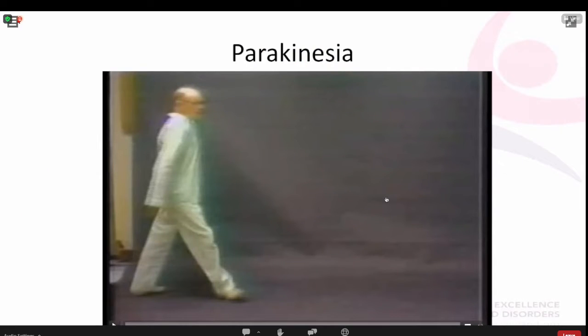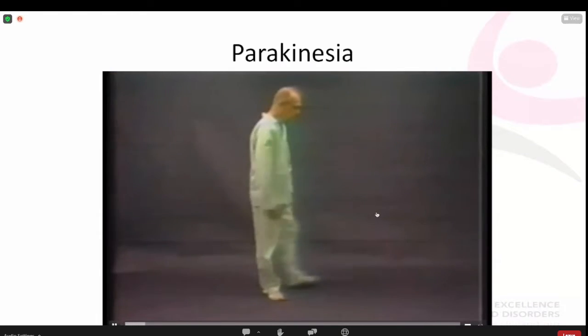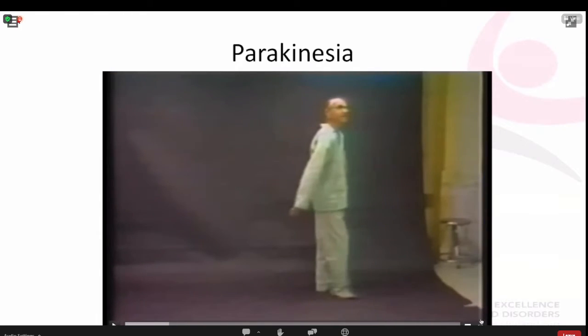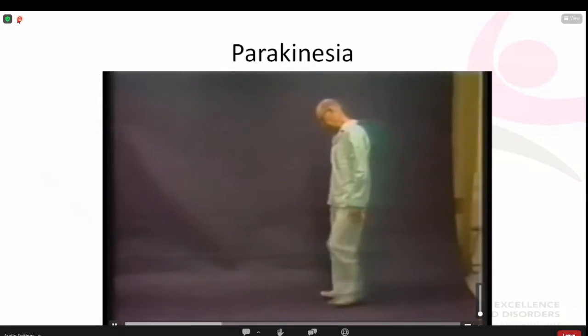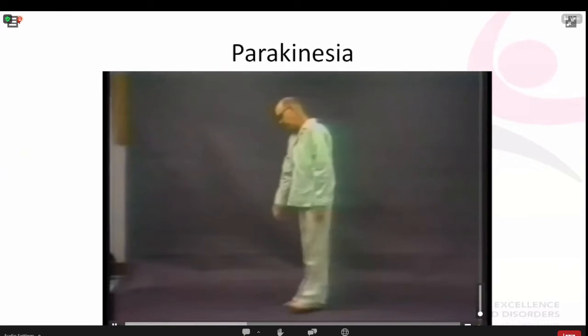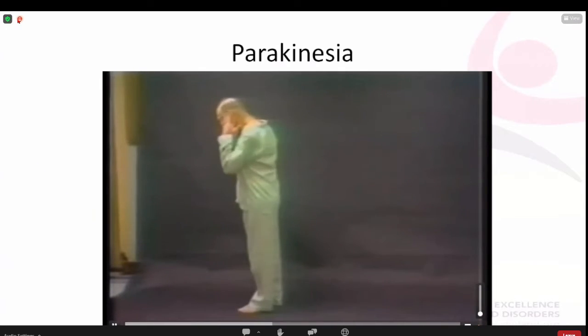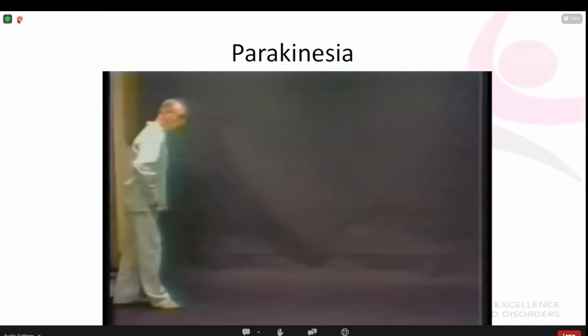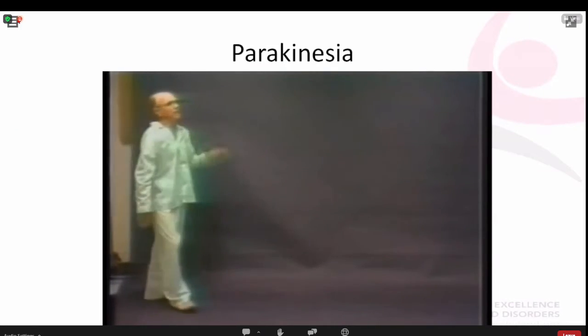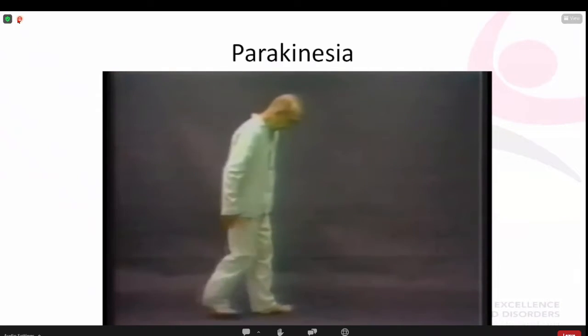Another is parakinesia. This is a patient with HD. He is also a Huntington disease patient and has generalized chorea, but you will see that he frequently touches his glasses, his mouth, or any part of the body.